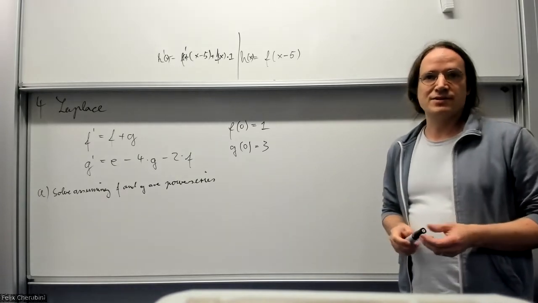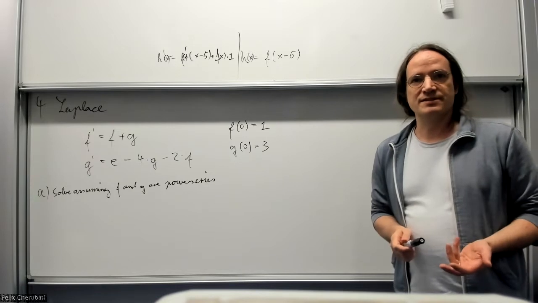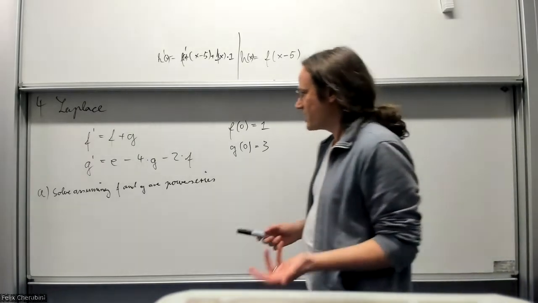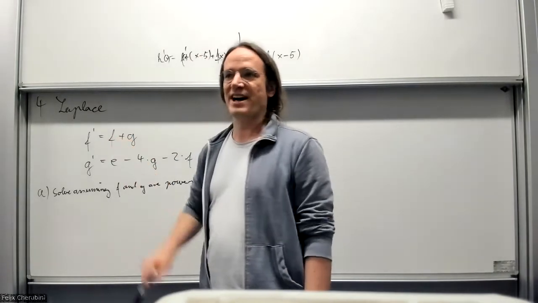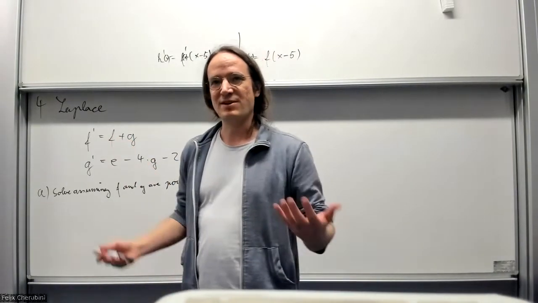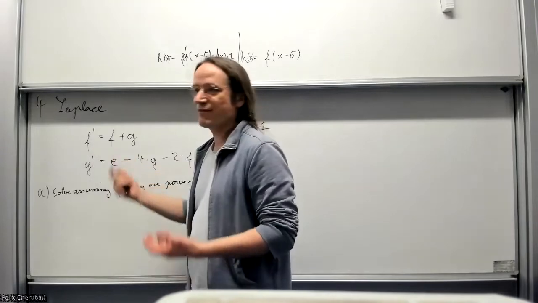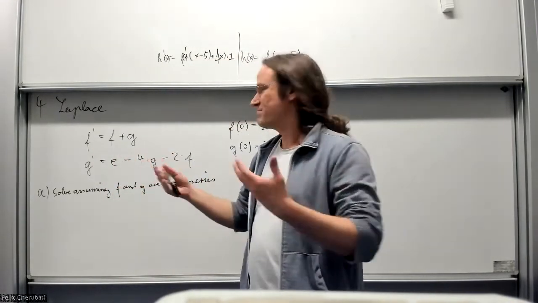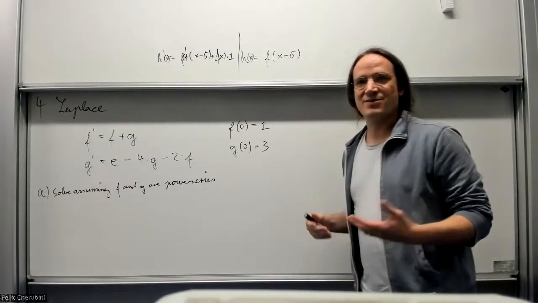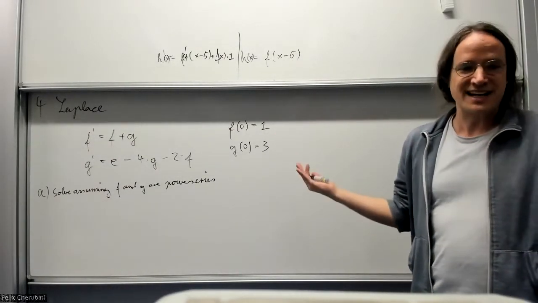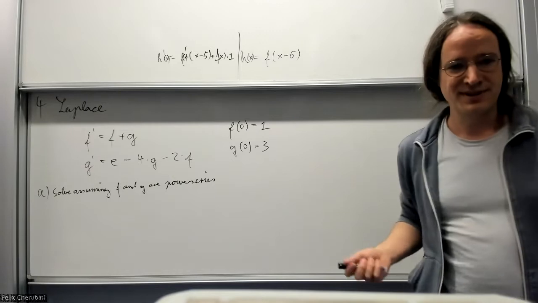We learned how to integrate a power series. And with integration, we can remove the prime. And then we have a relation which refers to f and something integrated, which at first sight might not look like much of a help.